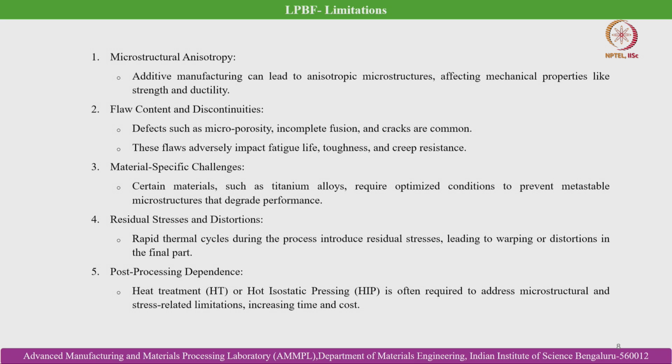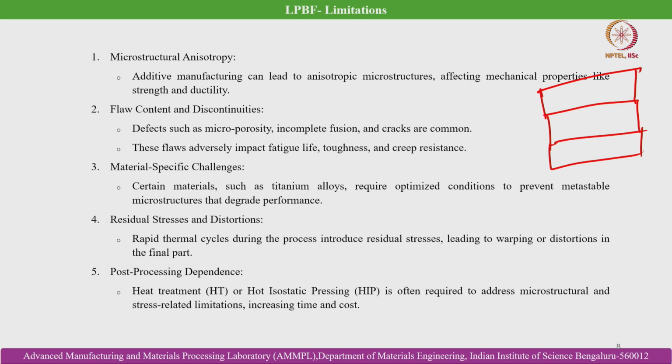Why microstructural anisotropy? Because additive manufacturing can lead to anisotropic microstructures affecting mechanical properties like strength and ductility. So, what is the key reason for microstructural anisotropy? As I already told, in case of LPBF, the powder bed is getting melted and re-solidified in layer by layer fashion.